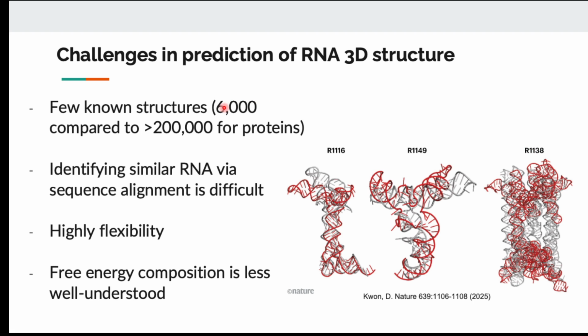So the knowledge of RNA structure is severely lagging behind protein. And we know that RNA is already more flexible than protein because there is no charge interaction, no hydrophobic force, no major force that drives the folding of RNA. So how RNA adopts the low energy conformation is not as well understood as for protein. So this is still a limitation.